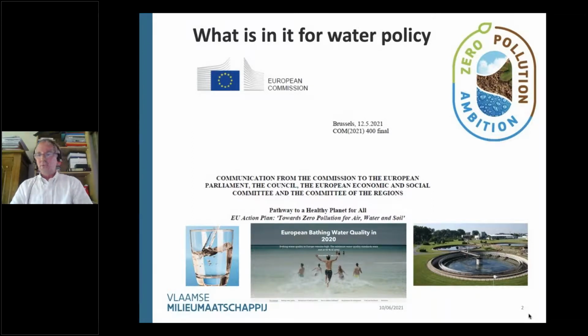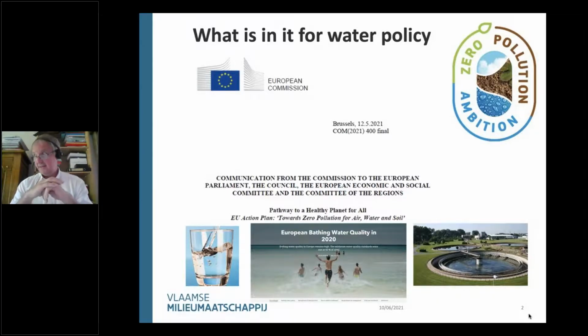There is also a link to the bathing water directive and also to the urban wastewater treatment directive. The drinking water directive is already in place, so it's now the translation into national and regional regulations.